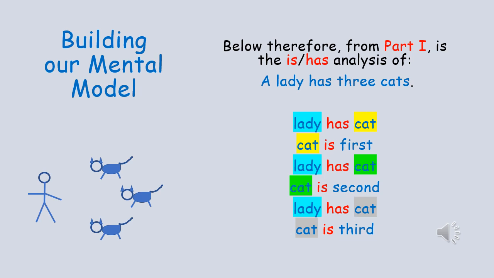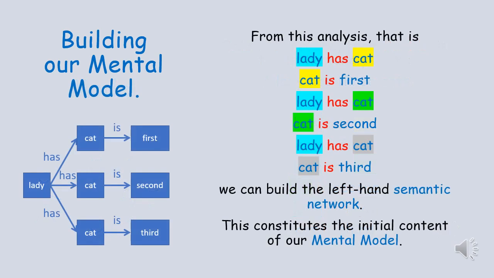Lady has cat, cat is first, lady has cat, cat is second, lady has cat, cat is third. From this analysis, we can build the left-hand semantic network. This constitutes the initial content of our mental model.